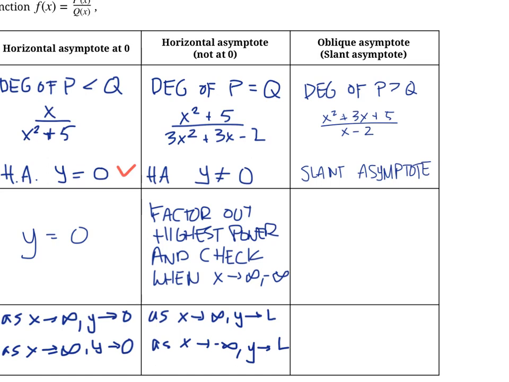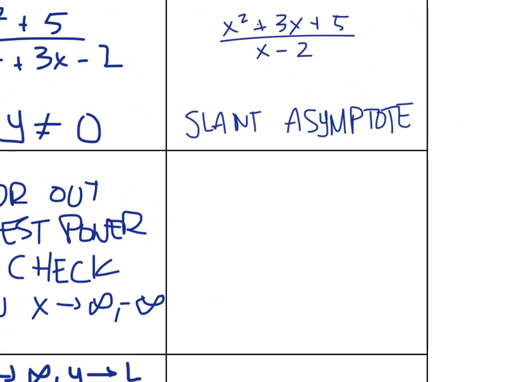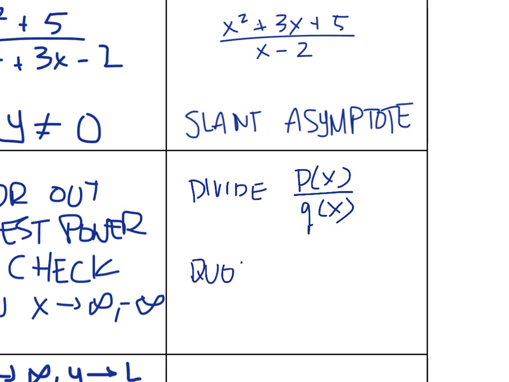And the cool thing is that when you divide the numerator by the denominator, p of x over q of x, the quotient, the answer you get out of the division statement, is just the equation of the asymptote. So you're going to divide p and q. The quotient is the equation of the asymptote.